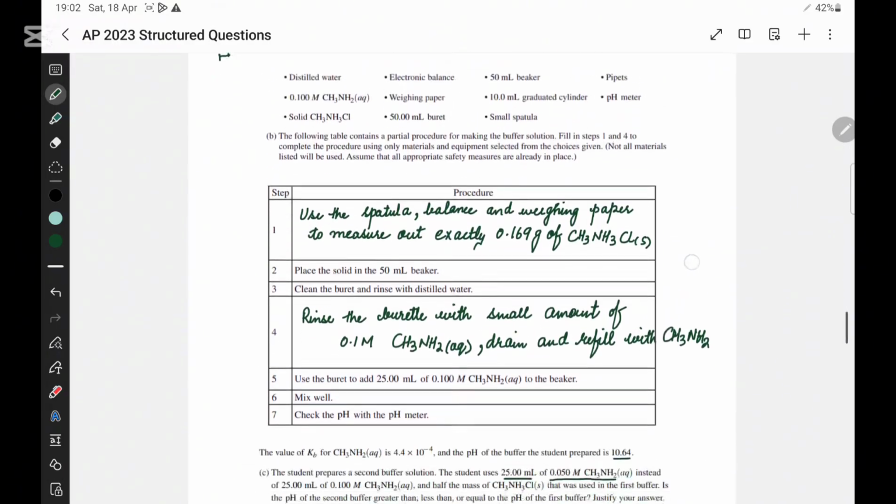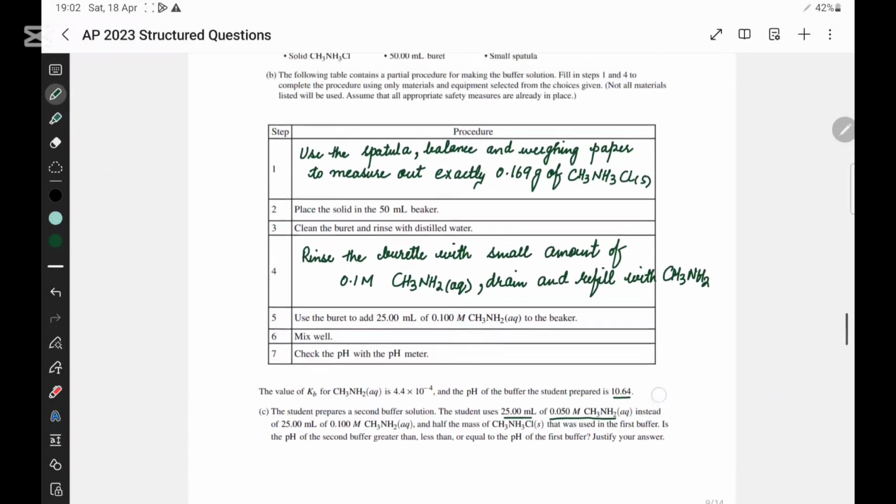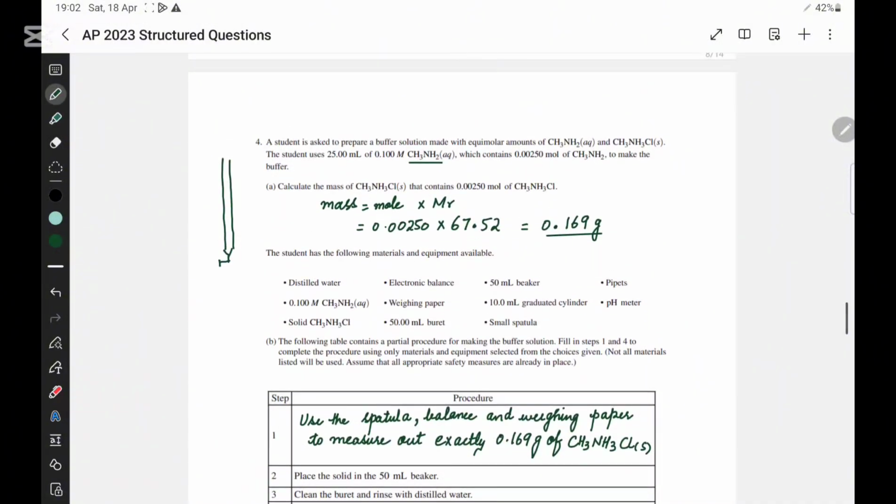Now, as they are saying, if we want to calculate pH, then that is equal to pK, like for the first buffer.